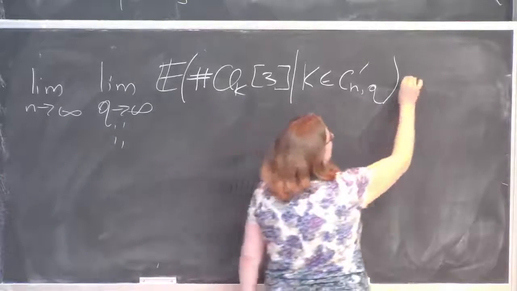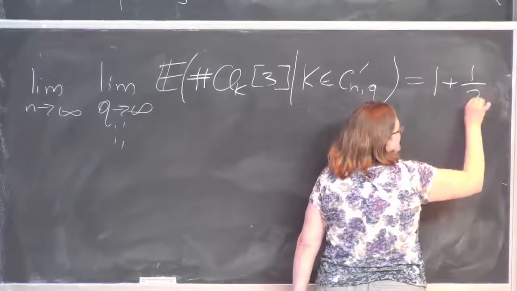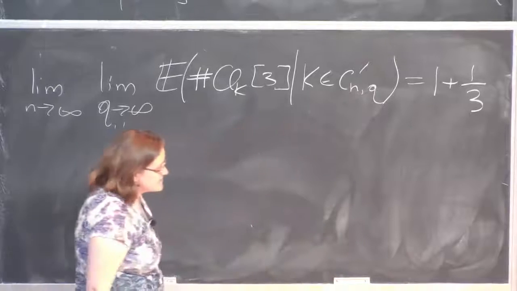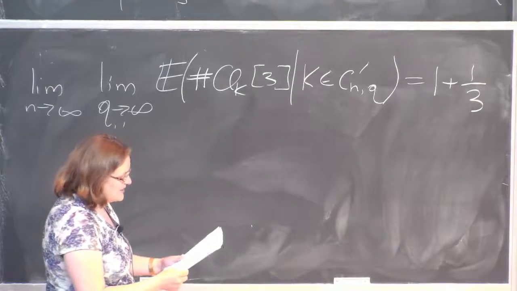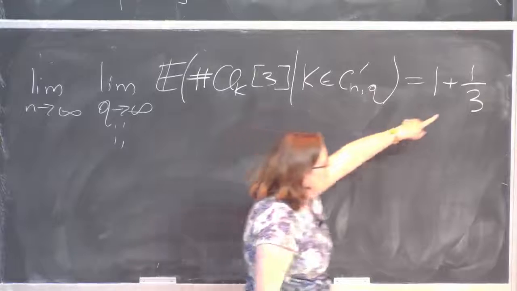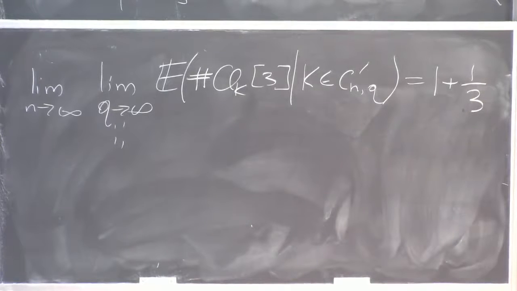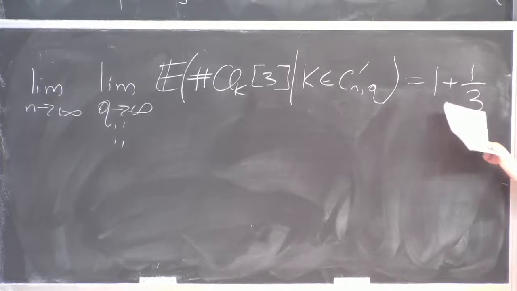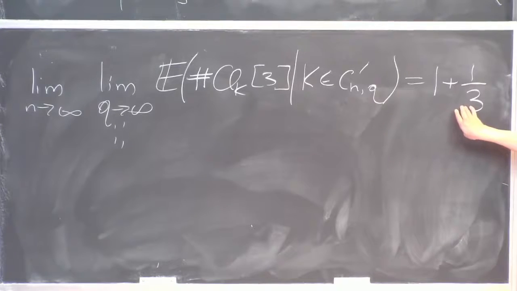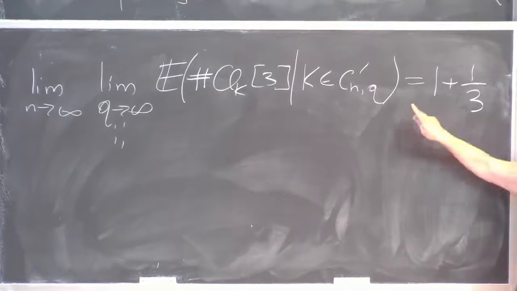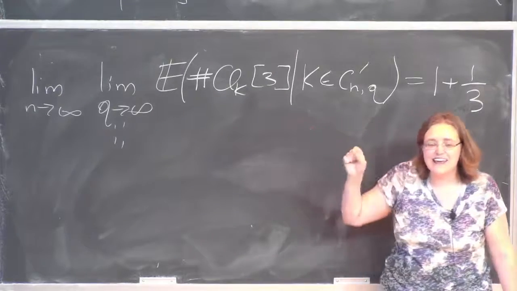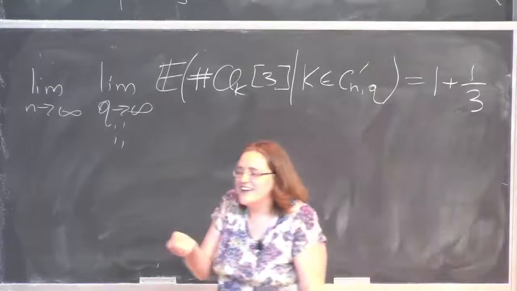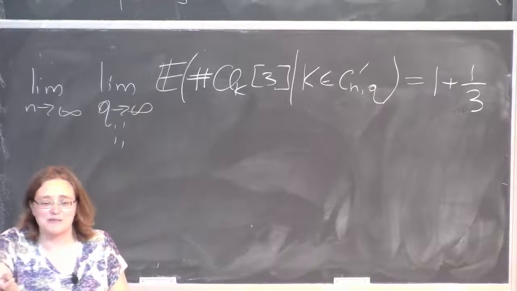If we do that, we get 1 plus 1/3 here, not 1 plus 1/9. So the square-free discriminant things average 1 plus 1/9, but the non-square-free discriminants have more 3-torsion in their class groups. And I should say that as little q goes to infinity, this is actually only seeing things that have a single totally ramified prime. All right?